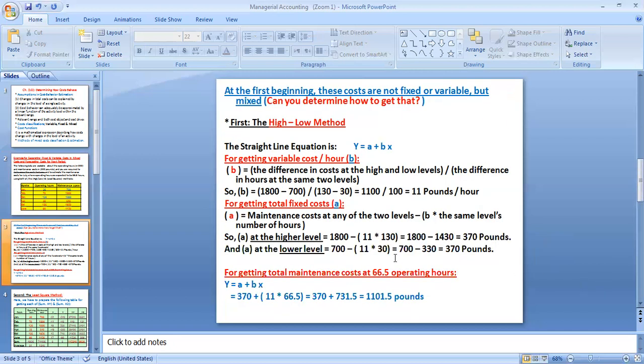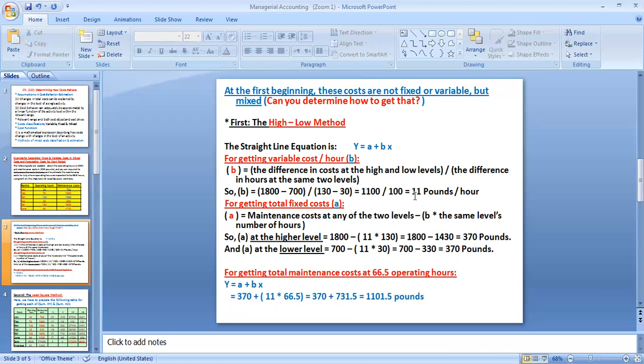So 1,800 minus 11 times 130 gives 1,800 minus 1,430 gives 370. At the lower level, 700 pounds minus 11, that is B, variable cost per hour, times 30 hours gives 700 minus 330 gives 370. So total fixed cost equals 370.